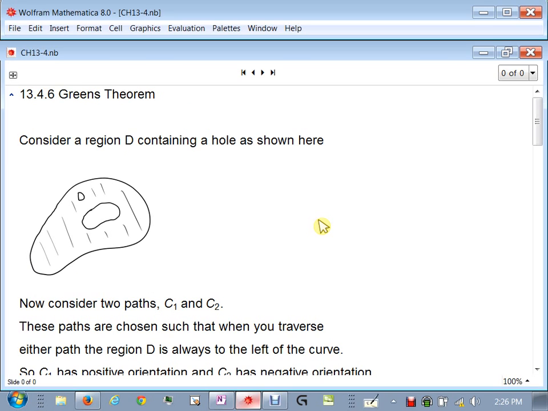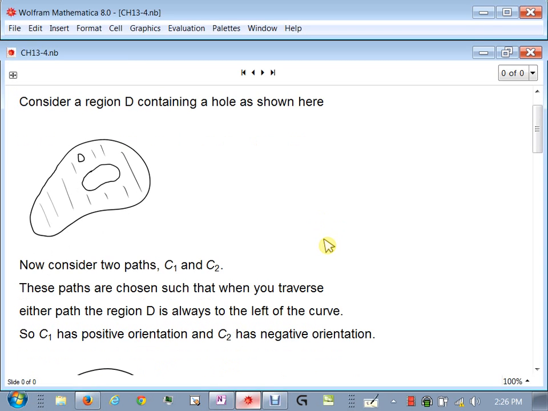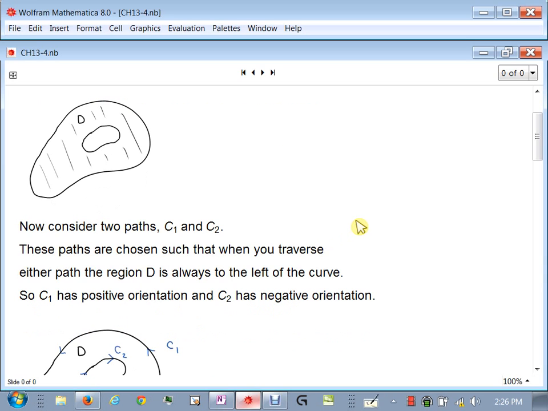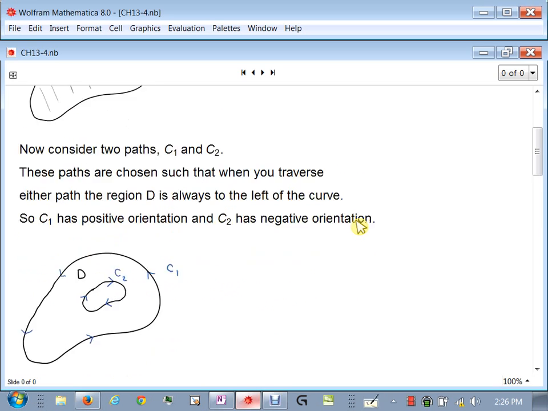All right, consider a region D containing a hole in it as shown here. Consider two paths, C1 and C2. These paths are chosen such that when you traverse either path, the region D is always to the left of the curve.